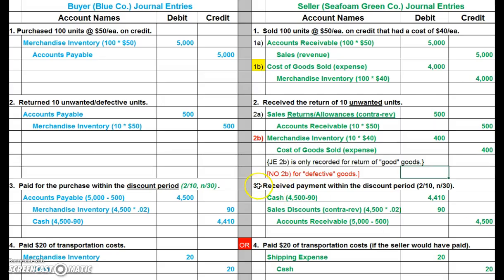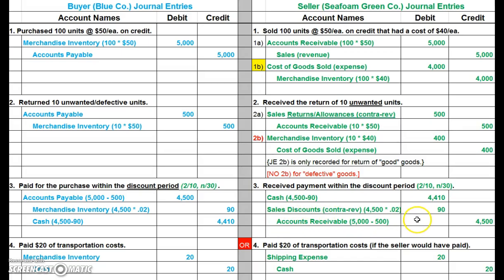All right, here we go. Let's receive the payment now within the discount period. Remember, the discount terms are our terms, and we created those to try to encourage the buyer to pay soon. And this particular buyer is within the discount period. Let's start with the accounts receivable.